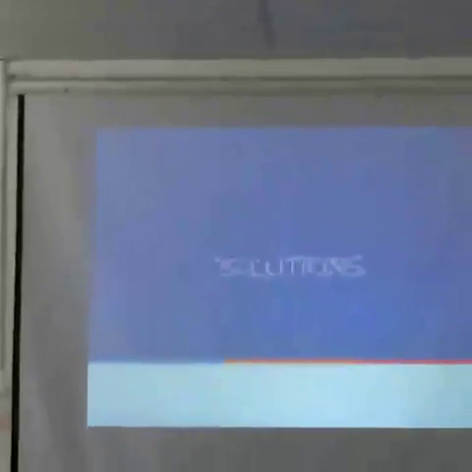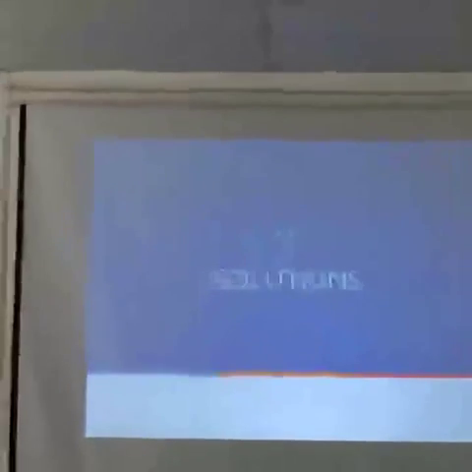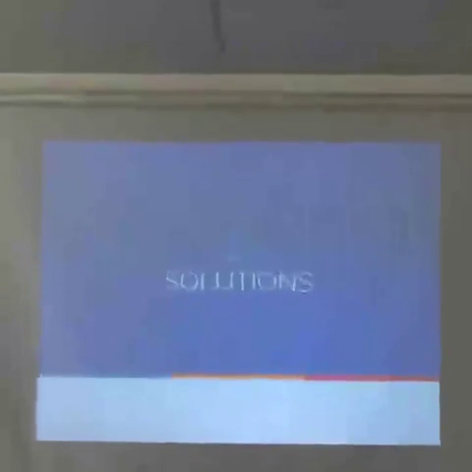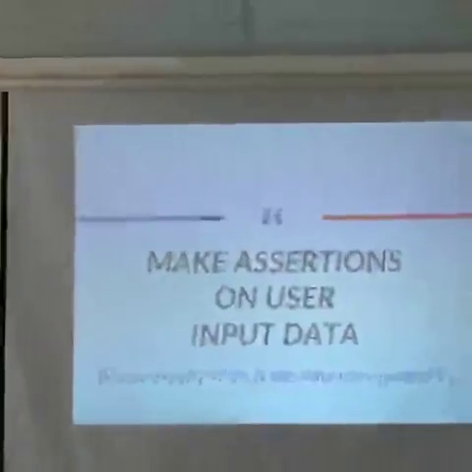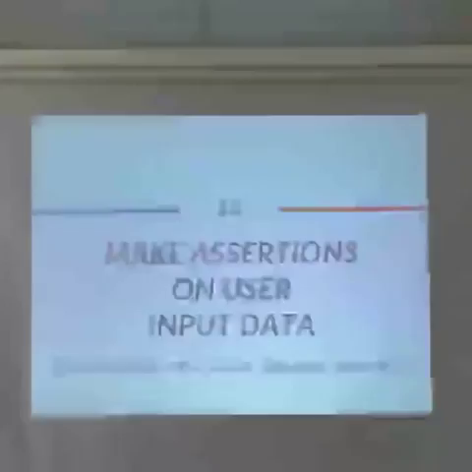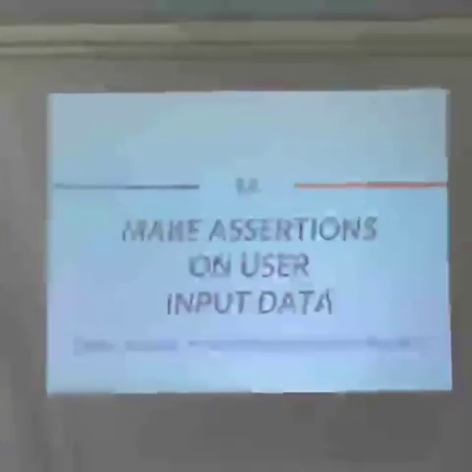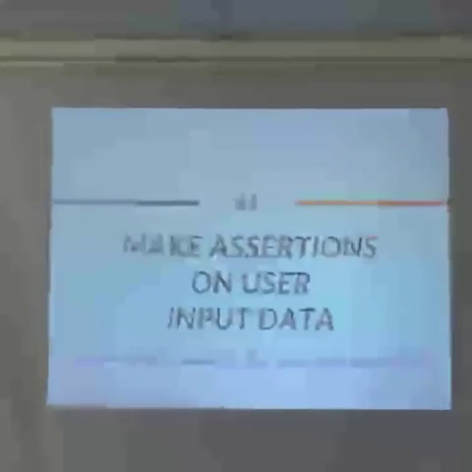Okay, so for the solution, here's the good news. In contrast with the problem, the solution is quite easier. What we have to do is make assertions on user input data. What it means is we know exactly what data the user is passing.